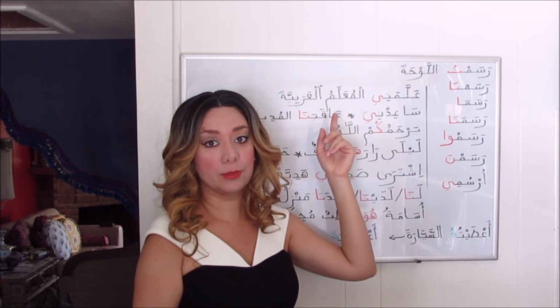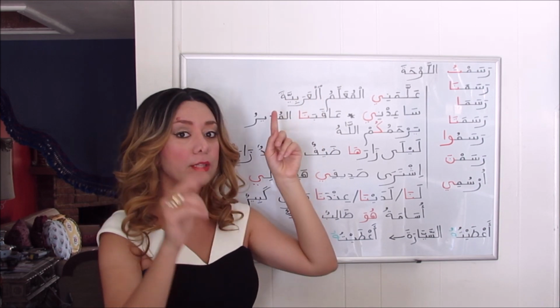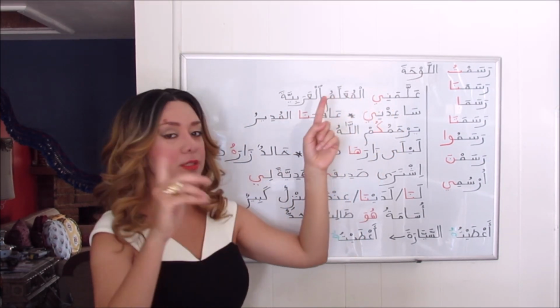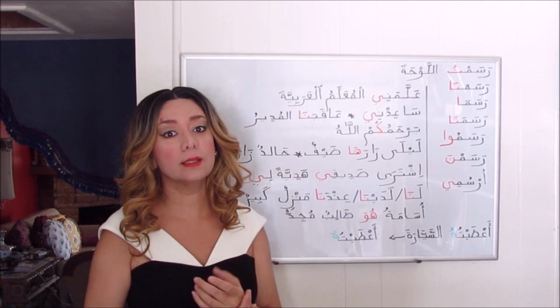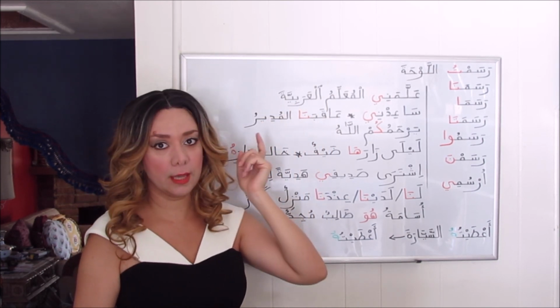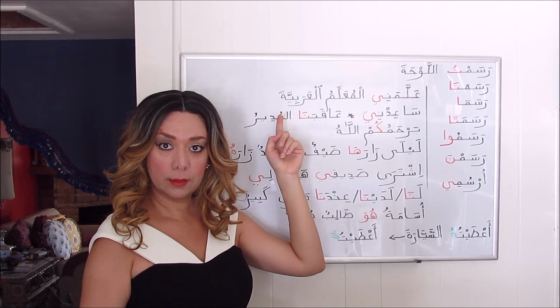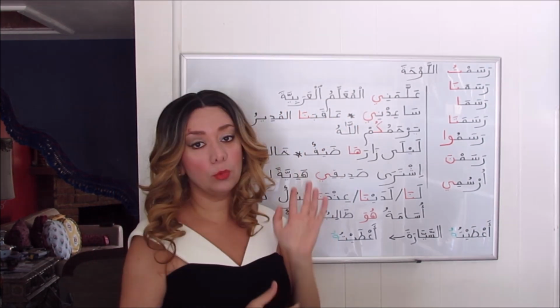So this is the subject in the nominative with the sign of a dhamma. So the teacher taught me. And the second object is العربيةَ in the accusative with the sign of fatha. So the teacher taught me Arabic. علمني المعلم العربية.